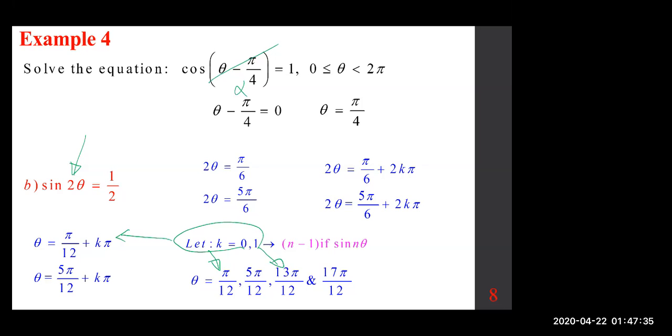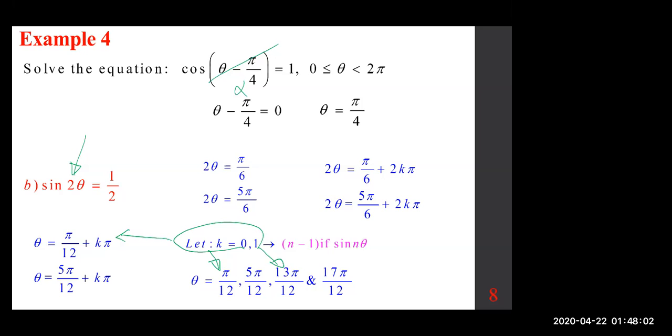Professor, is the n minus 1 only applicable for sine n theta, or for any of the others? For any multiple angles, as I said, anytime you're dealing with multiple angles, this is the methodology, class. When you're dealing with tangent and cotangent only, you have a different option. In my opinion, don't use that because you don't want to mix things up. Always use this option.